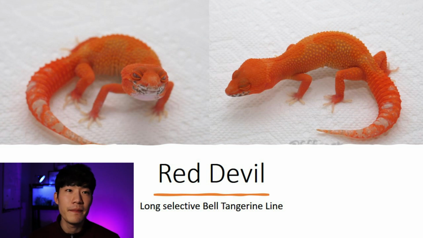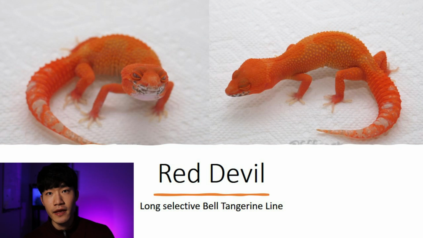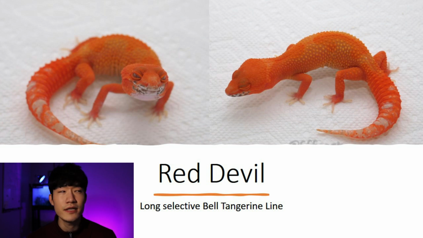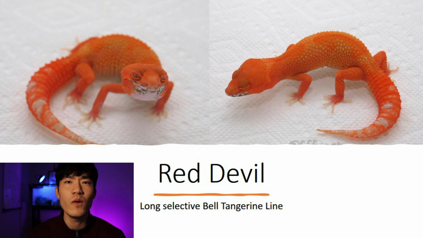It's really rare. It's hard to find, so you will not be able to see it a lot in the market. But basically this morph is a combination of the tangerine and the Bell albino. Overall, from my research, it looks like the Bell albino tends to give a really cool color intensifier, I guess. It makes the color brighter and kind of glowier when I see those example photos.